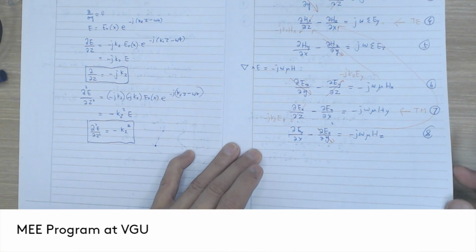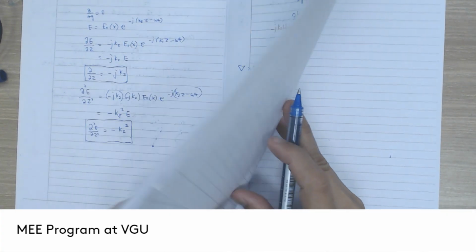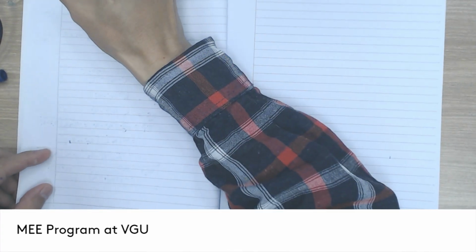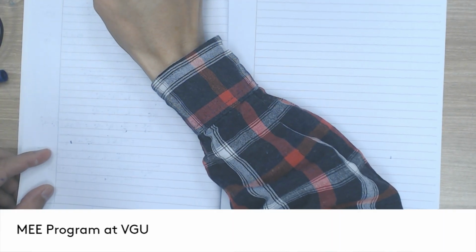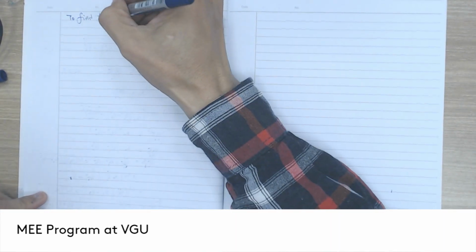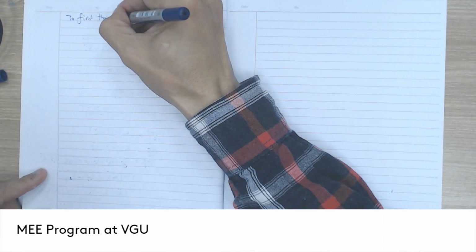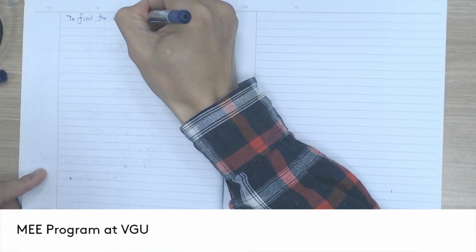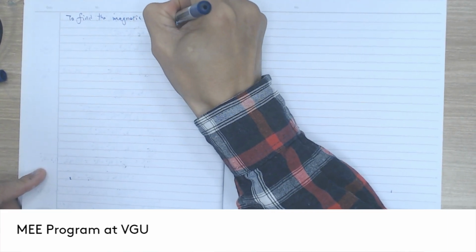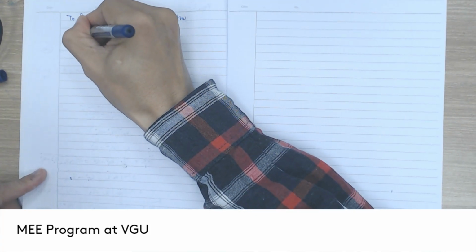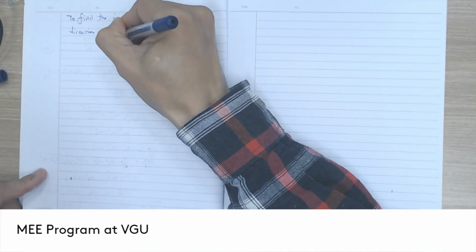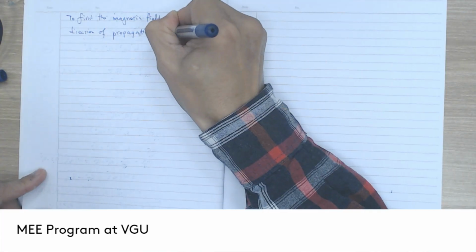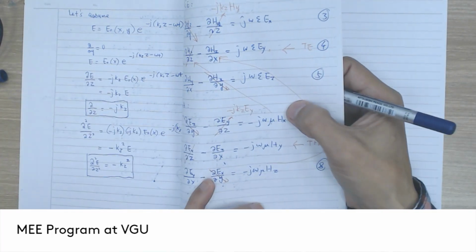The equation is 3 omega. So to find the magnetic field in the direction of propagation, we use this equation.